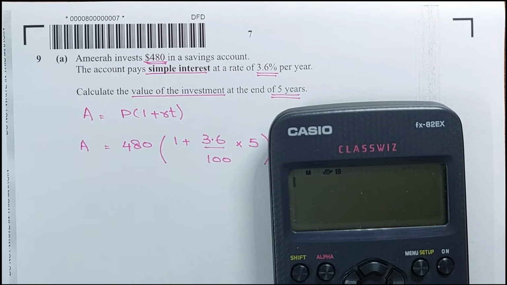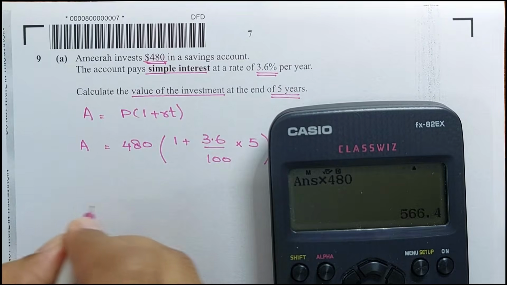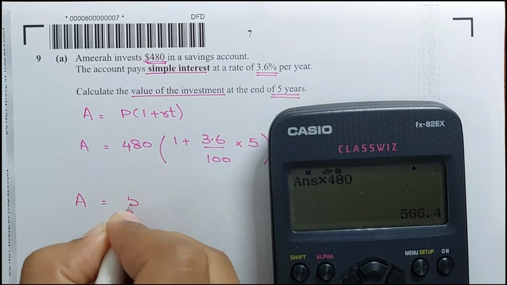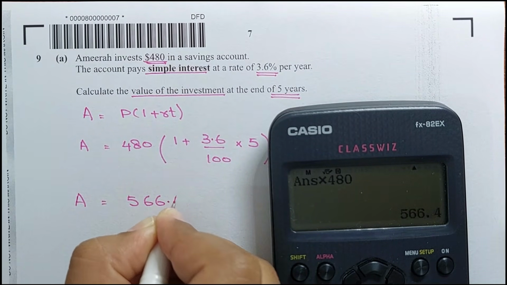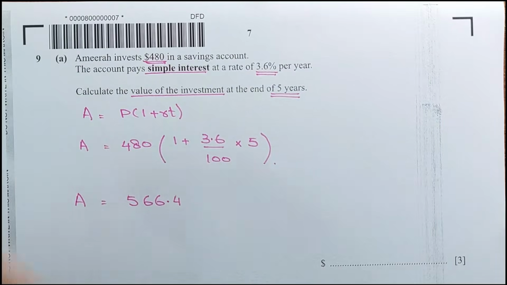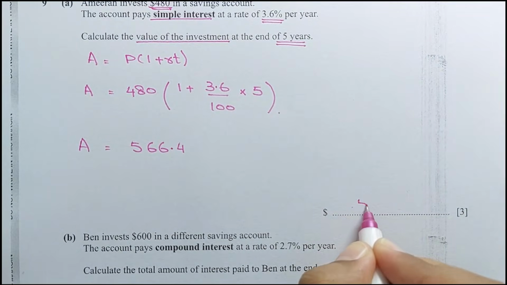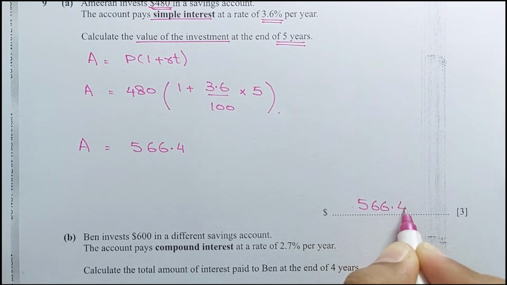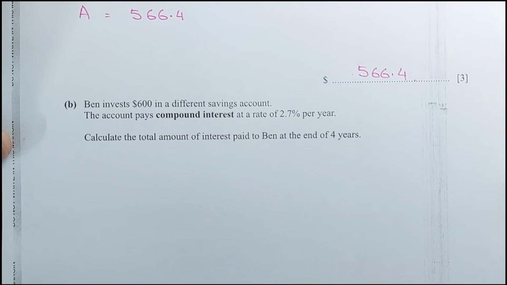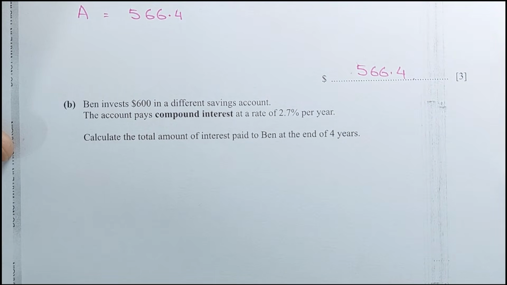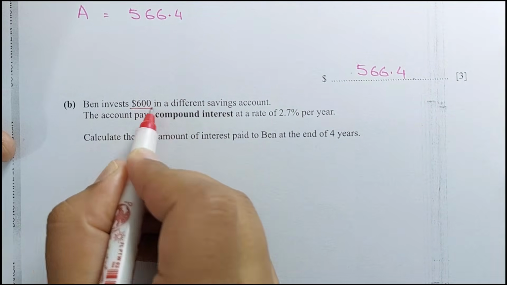Just simplify 3.6 divided by 100, times 5, add 1, and then multiply by 480. The value of the investment is $566.4. Okay, so the answer is 566.4.